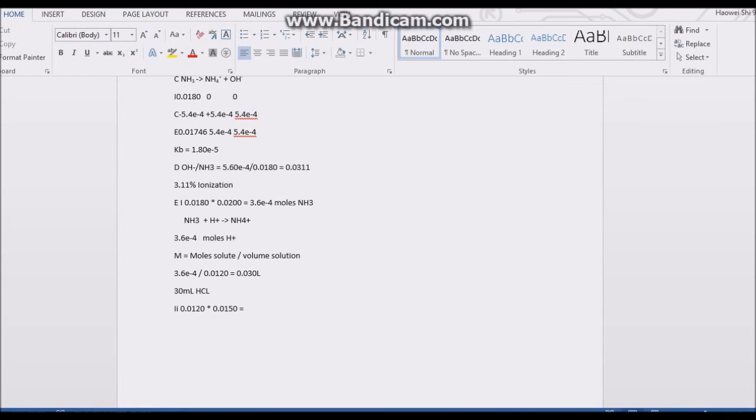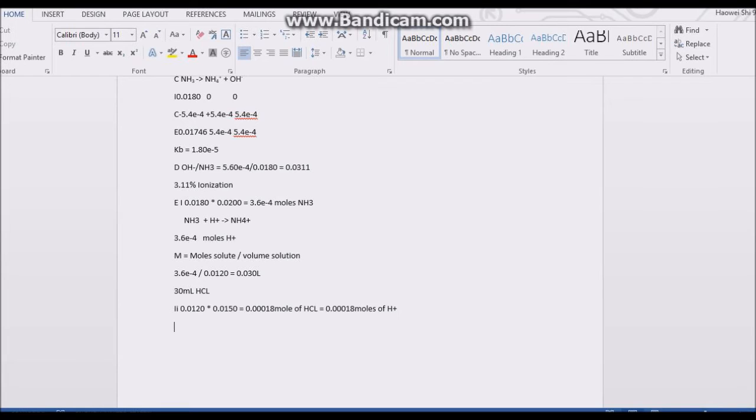We got 0.00018 moles of HCl. Since HCl is a strong acid, it ionizes completely in the solution, which yields 0.00018 moles of H plus ions.